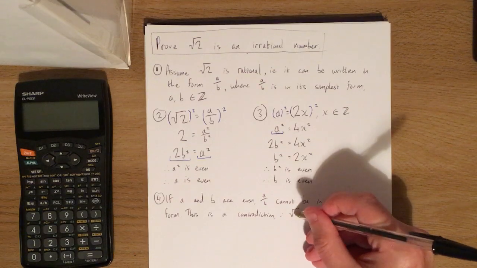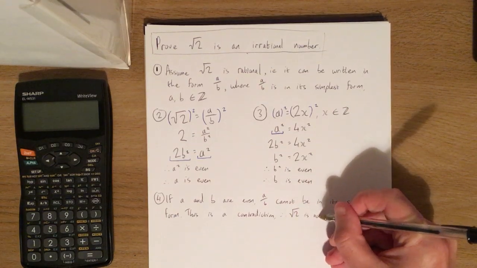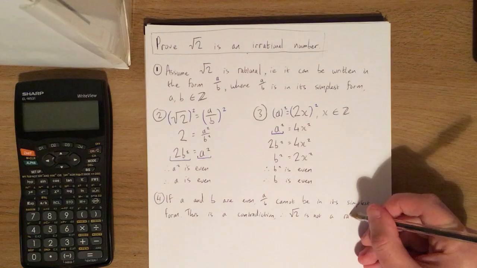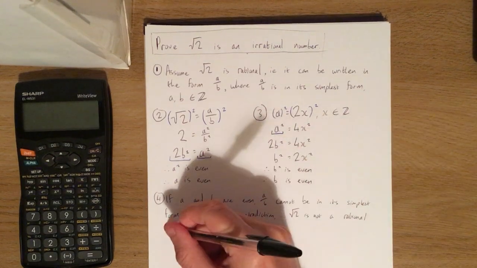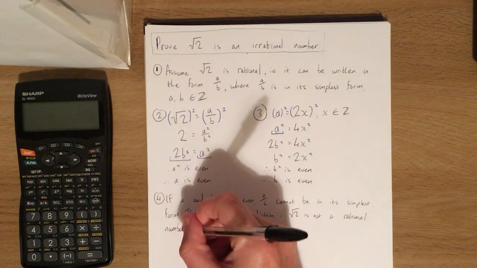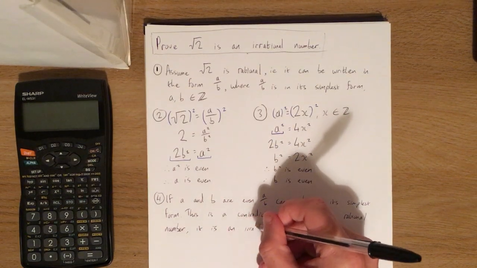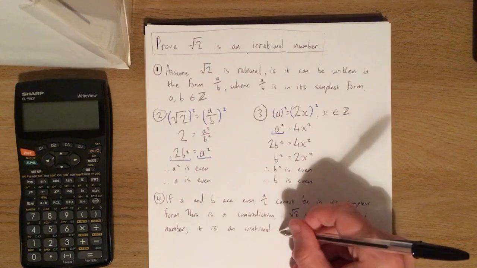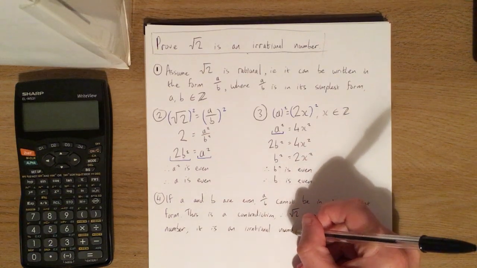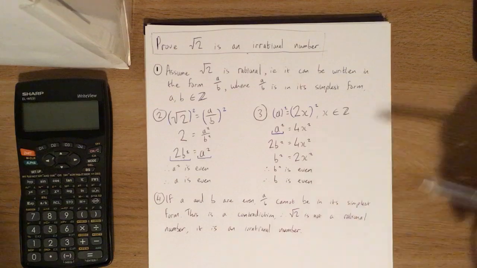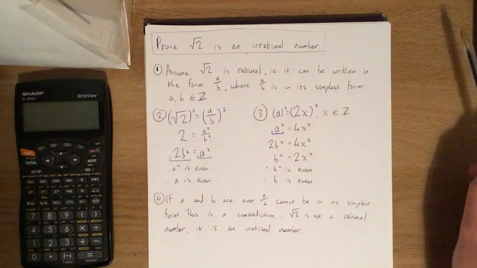Therefore, root 2 is not a rational number, as I assumed at the start. It is an irrational number. Alright, and that's your proof that root 2 is irrational.